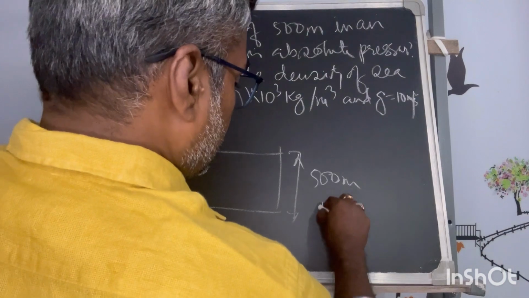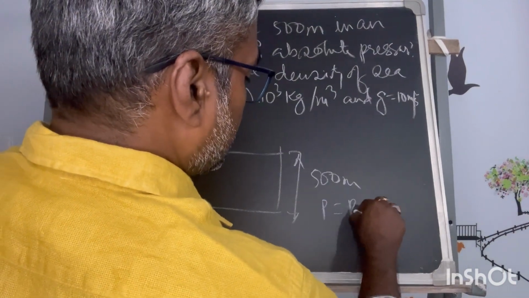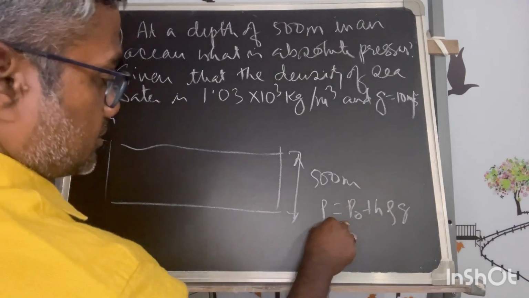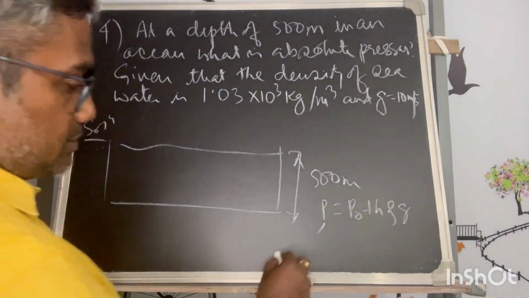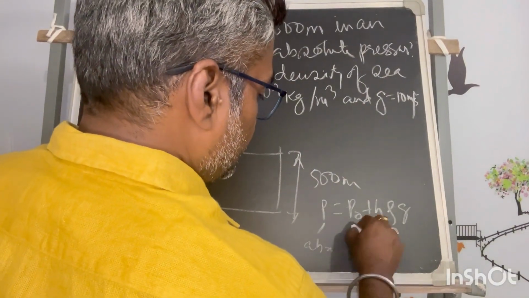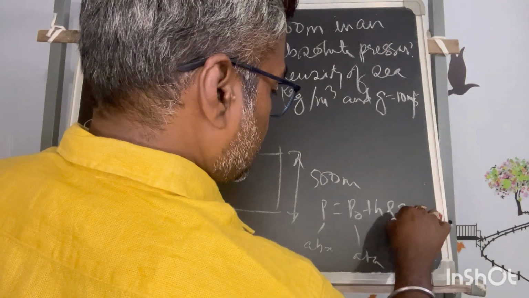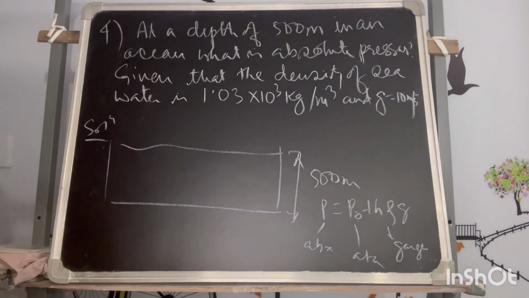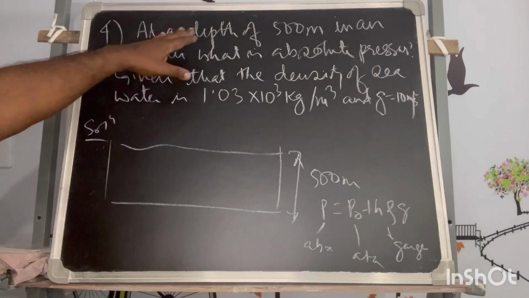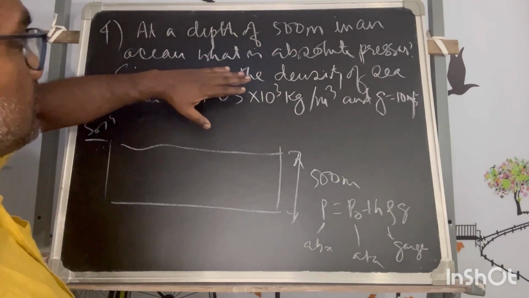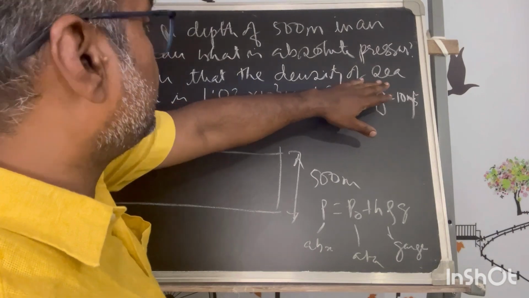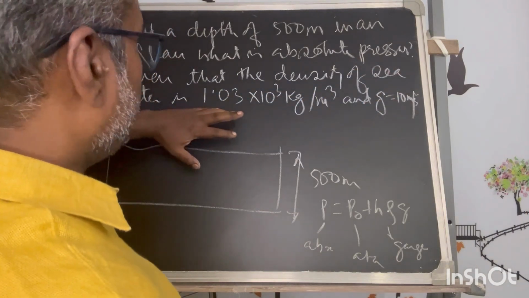So when we are using this formula, h rho g, this is what we have learned. This is the absolute pressure, this is atmospheric pressure, and this is your gauge pressure. Okay, fine. So at the depth of 500 meter in an ocean, what is the absolute pressure you have to find, given the density of the sea water.